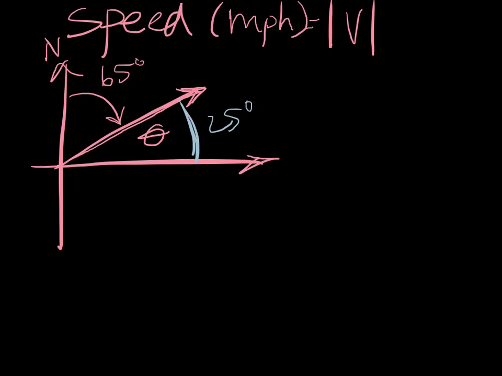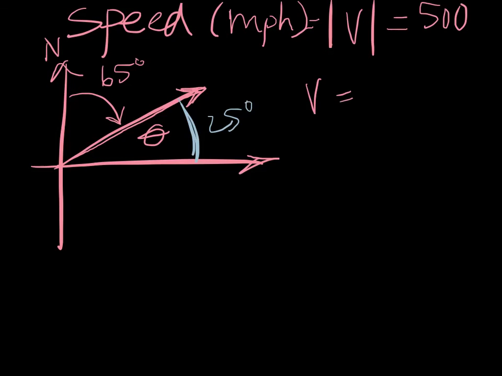It says that the plane is flying with a speed of 500 miles per hour. So what they're really giving us is the magnitude of this vector. Then it says find the component form of the velocity of the airplane, and we call the bearing the angle from due north, measured clockwise.